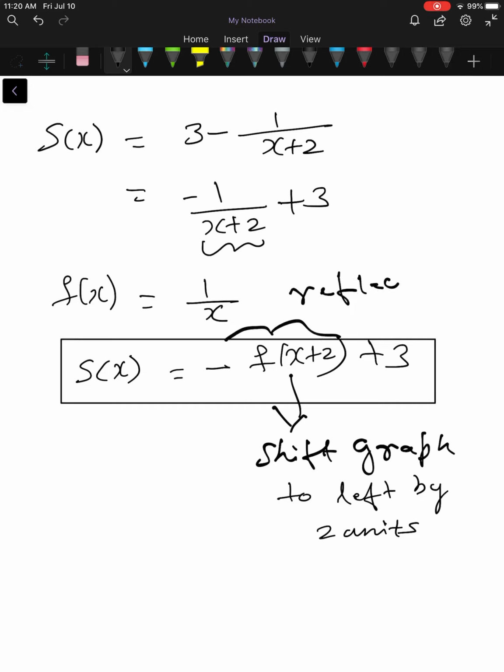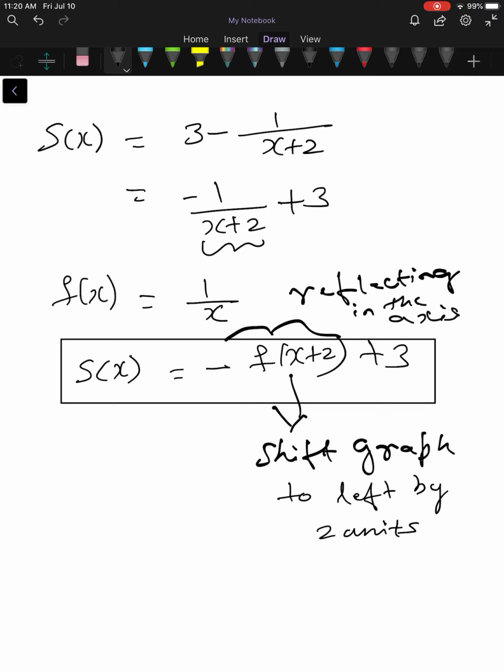Reflecting in the x-axis, and you are adding 3 to the final function, that is negative f of x plus 2. So that means you are shifting the graph upwards by 3 units.